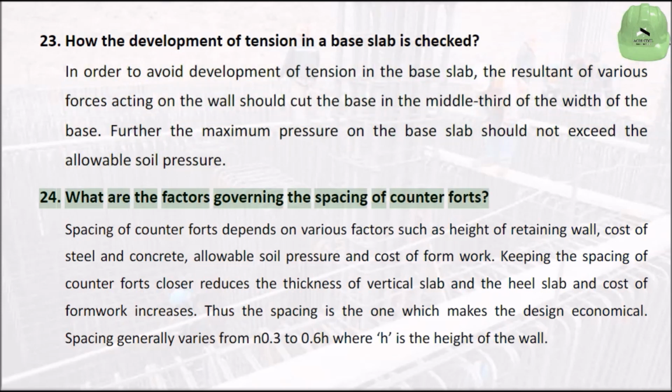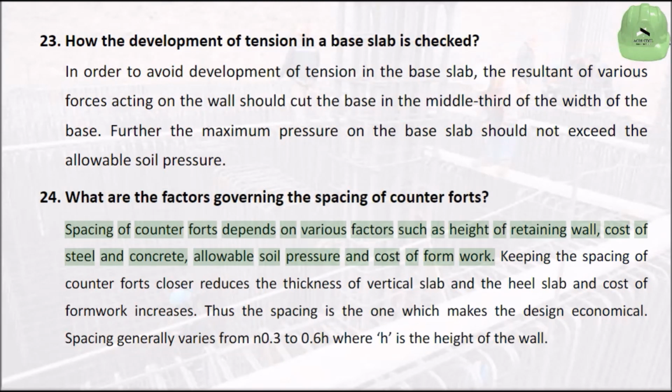What are the factors governing the spacing of counterforts? Spacing of counterforts depends on various factors such as height of the retaining wall, cost of steel and concrete, allowable soil pressure and cost of formwork.